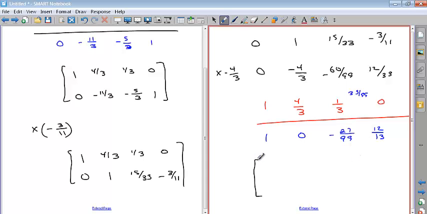So my final matrix is 1, 0, 0, 1. The first row becomes this, so it's negative 27 over 99, 12 over 33. And then I have 15 over 33 and negative 3 over 11.